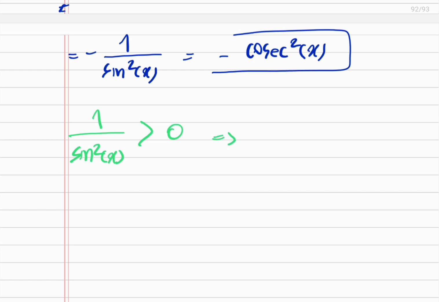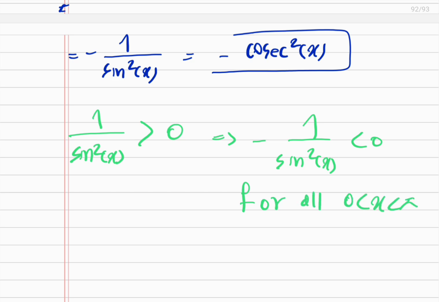So 1 over sine squared x is always positive. And therefore, if you have -1 over sine squared x, then this is always going to be negative, because no matter what you get as the entire thing, which is always positive, you also have a negative, which makes that negative. So we have shown that -1 over sine squared x is always negative for all values of x between 0 and pi.